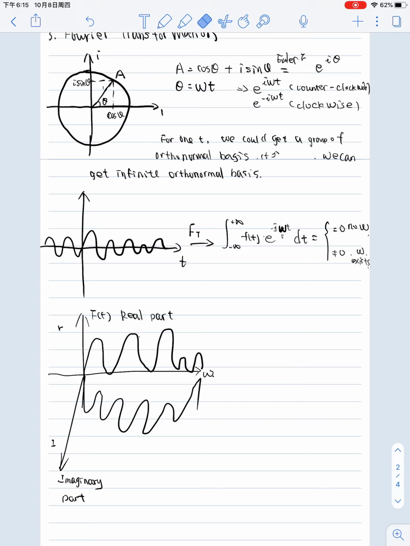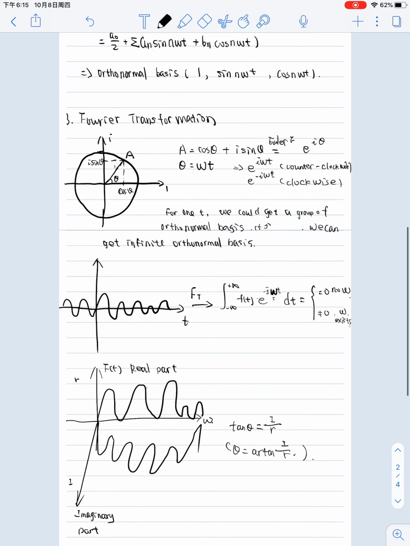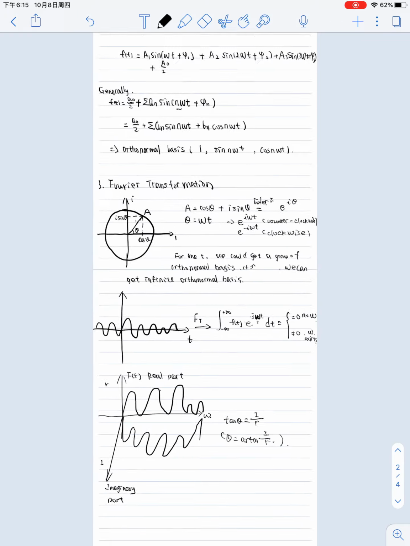Sorry, not that, tangent theta means the shape, the imaginary over real, and theta equals arc tangent. Yeah, that is the phase. Okay, you can get that.